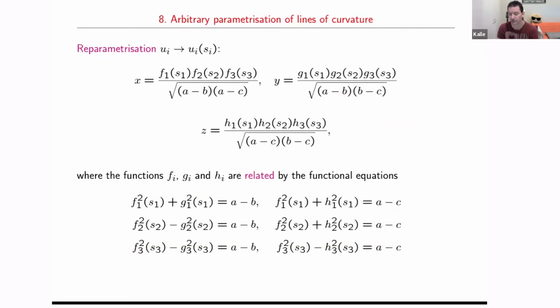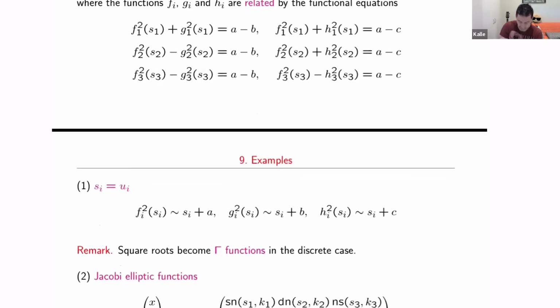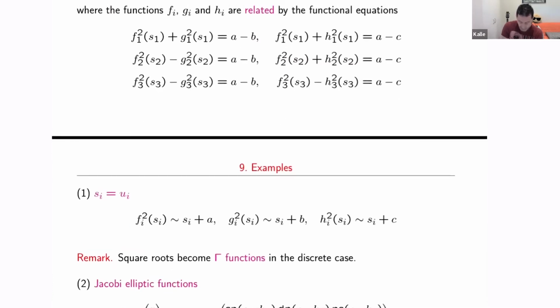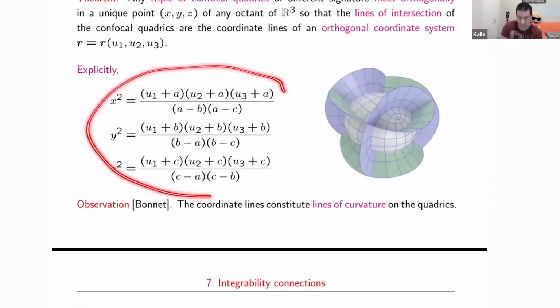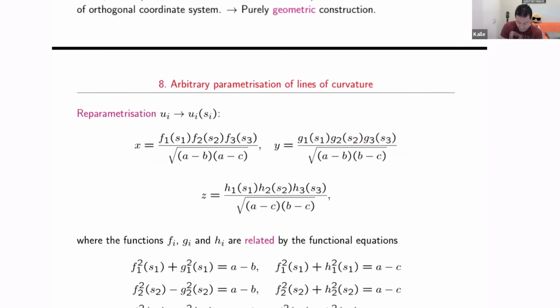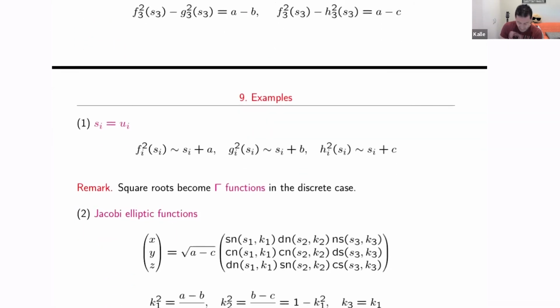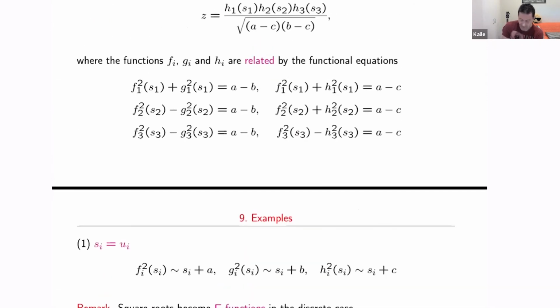So let me just give you 2 examples here. So for instance, if you choose the fi's, the gi's, and hi's to be just linear functions, or squares, I should say, linear functions, then you can satisfy those relationships. And then we are back to exactly this case here. Right? So that's one parameterization. There's another one which is very canonical, and that's if you look at those relationships.